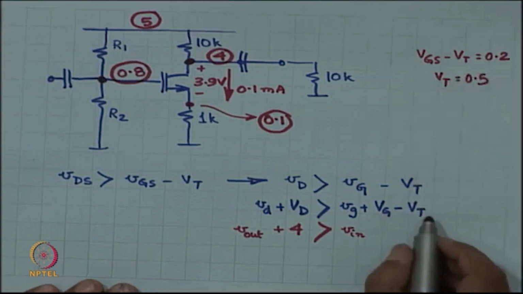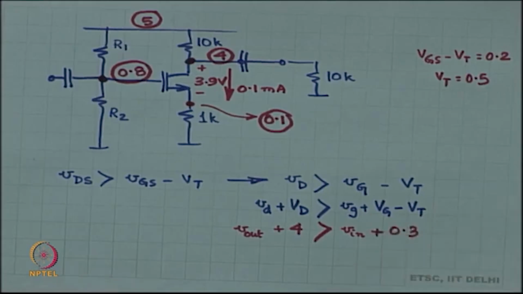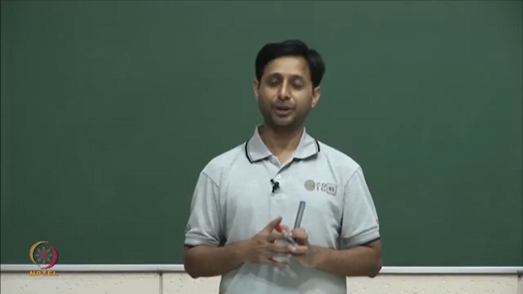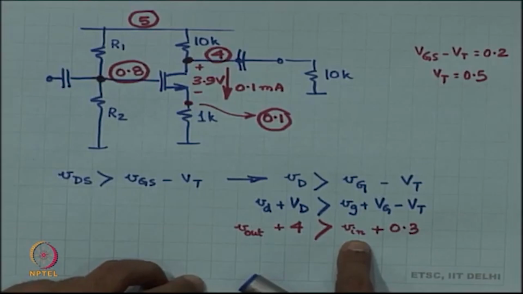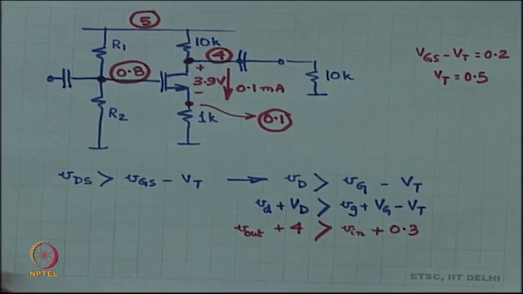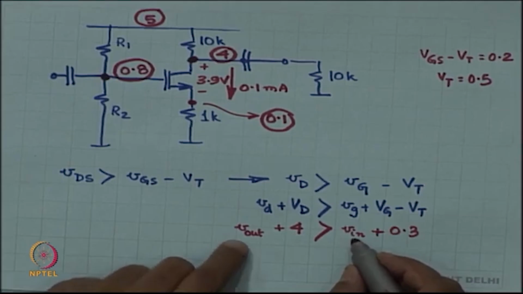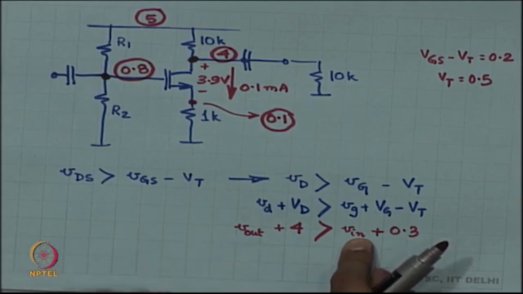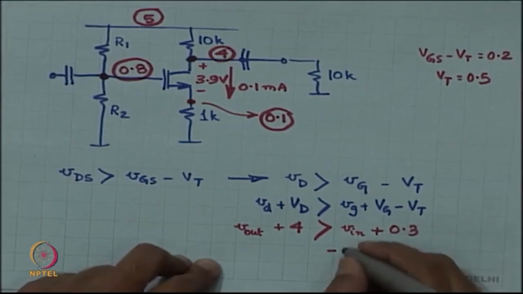So capital VG minus Vt is 0.3. Not 0.2, it is 0.3. And then Vin is minus 5 times smaller than Vout, which means that if I increase Vin by 1 millivolt, Vout is going to decrease by 5 millivolts, or in other words this is minus Vout by 5.